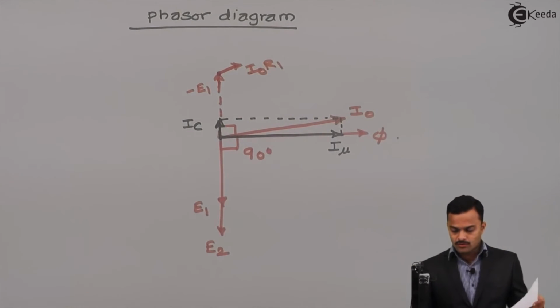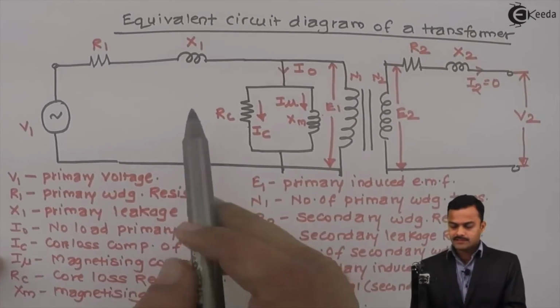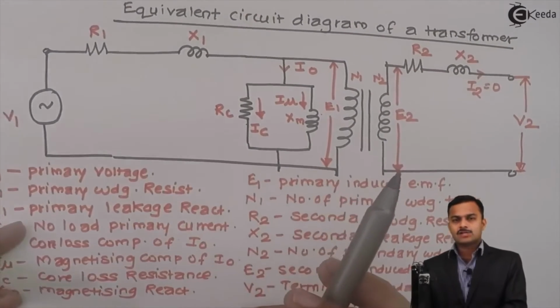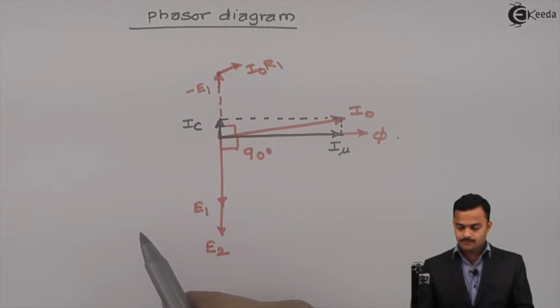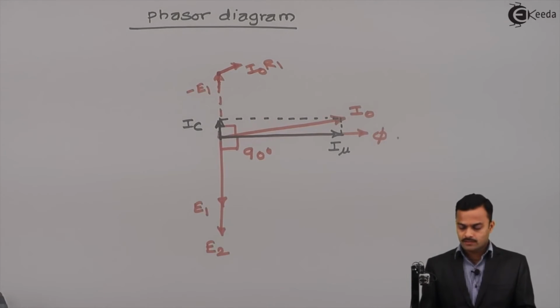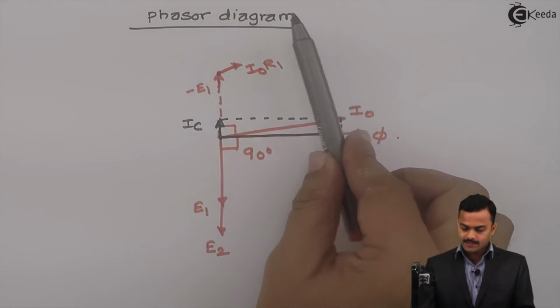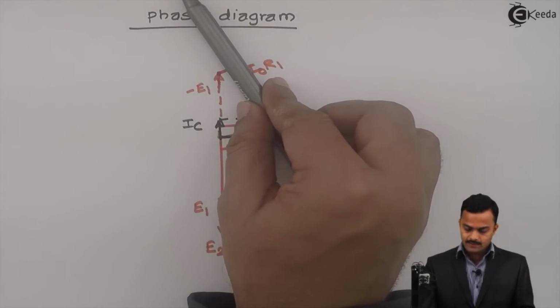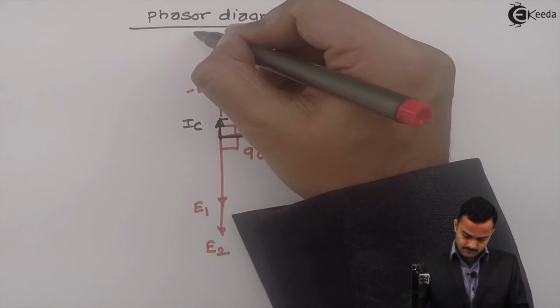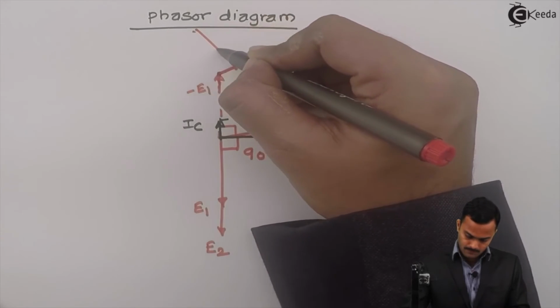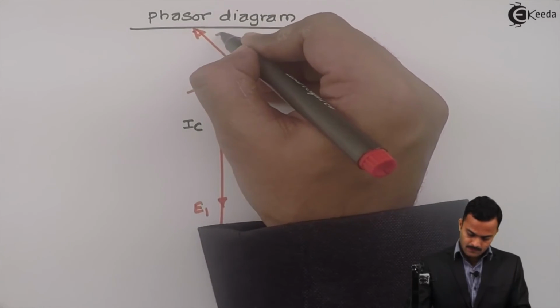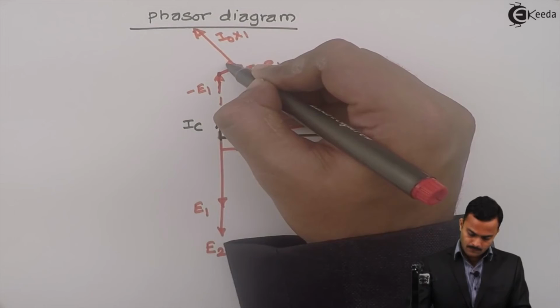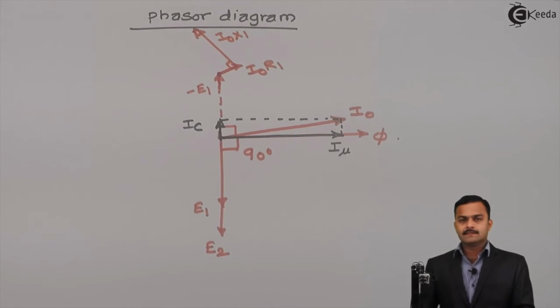Same current I0 will be passing through this X1, giving rise to a voltage drop I0 X1, which will be 90 degree leading for this phasor. So 90 degree leading will be like this. So this is 90 degree.